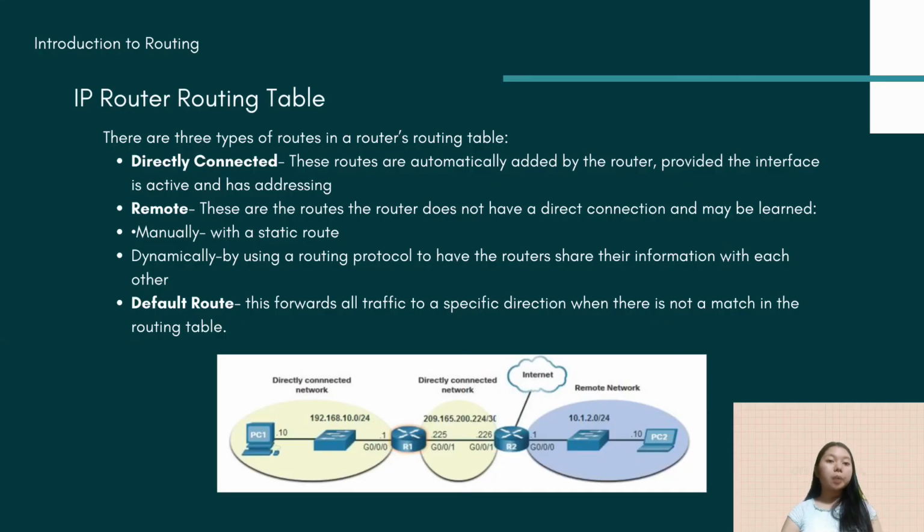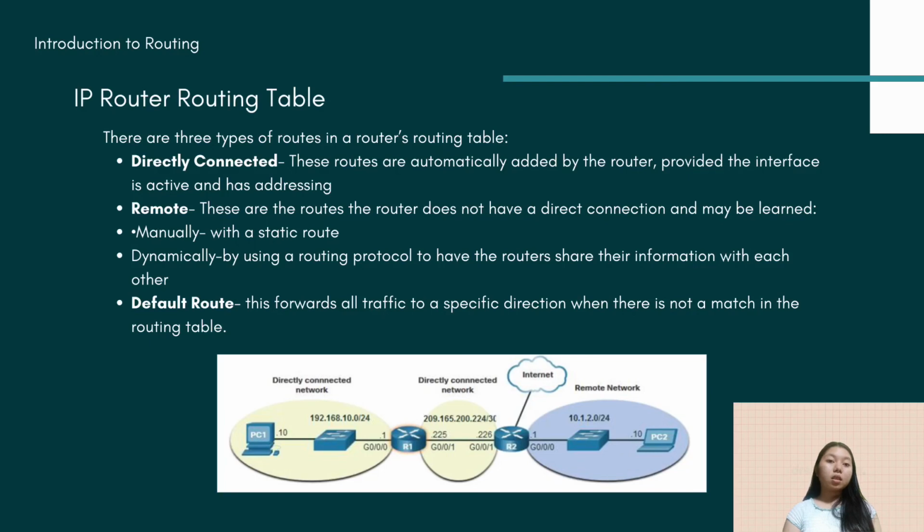IP router routing table. There are three types of routes in a router's routing table. Directly connected: these routes are automatically added by the router, provided the interface is active and has addressing.